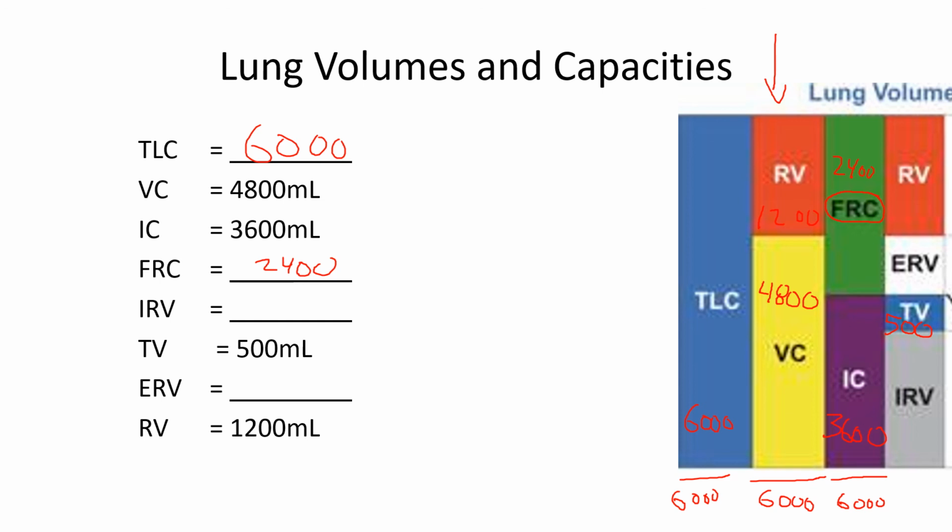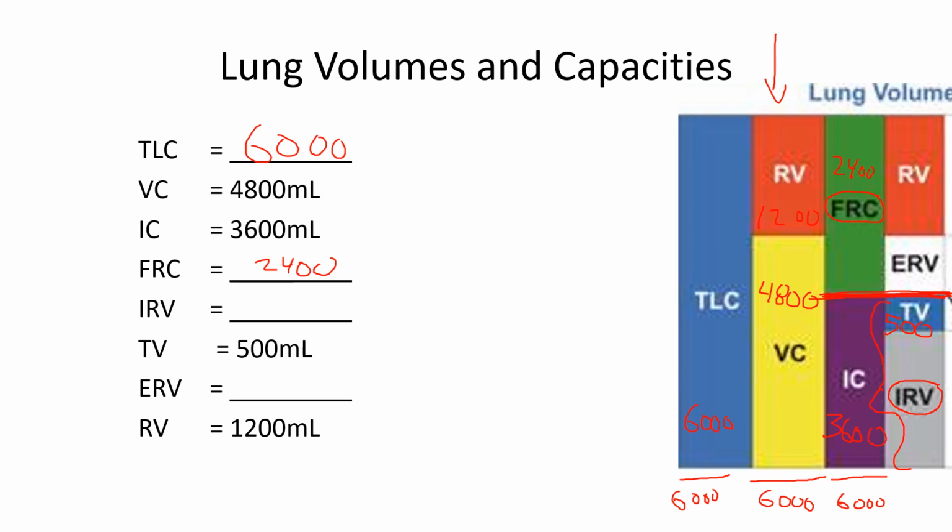All right, what can we solve next? Let's solve this guy. Now, we're not going to solve the whole entire column. We just need to know this value. So now we have two miniature columns. So IC is 3,600. So I know 500 plus IRV must equal 3,600. So what is this value here? This guy and this guy must equal the same. So IRV would equal how much?